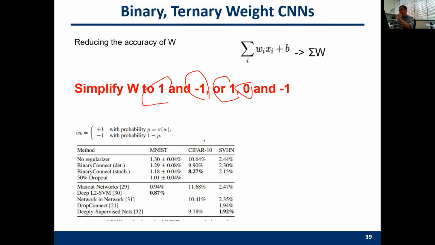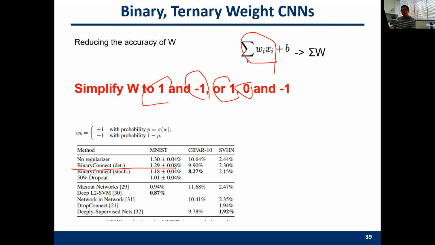When the weight is 0, we actually do the pruning. We just eliminate that W. And when the weight is 1 or -1, we still have the so-called 1-bit weight. You can see that the 1-bit weight still achieves very good accuracy.